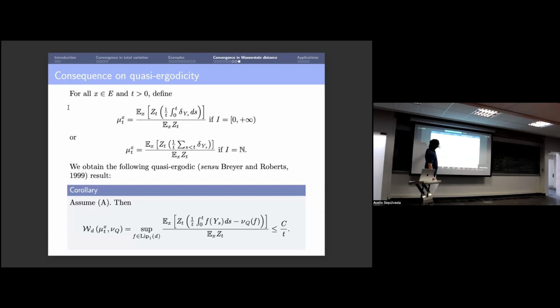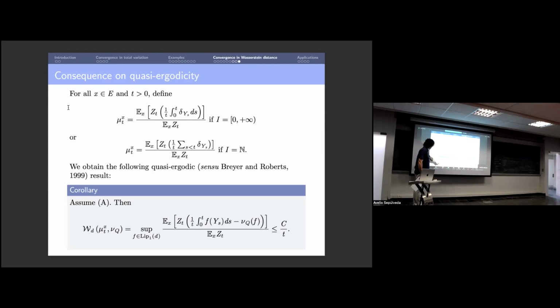So what we need to look at is this mean ergodic measures, mu tx, that are simply obtained by penalizing the usual ergodic mean, right? But there's this expectation here, which we cannot avoid, but it makes it less strong than the usual ergodic Birkhoff theorems.